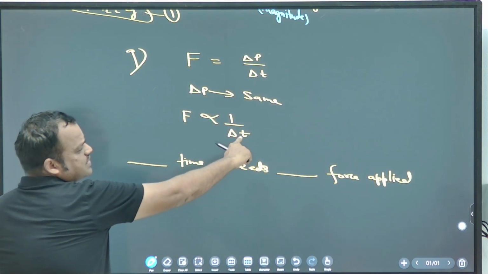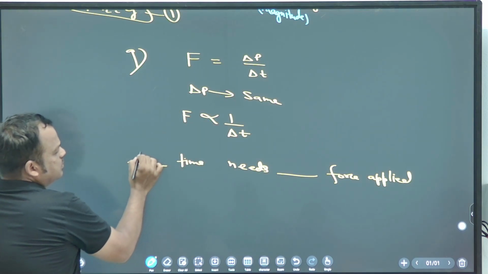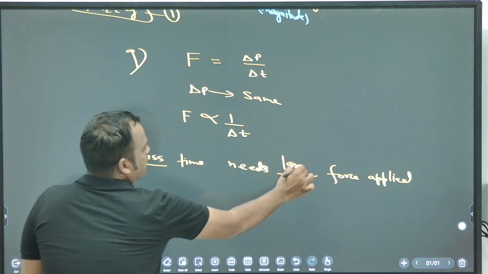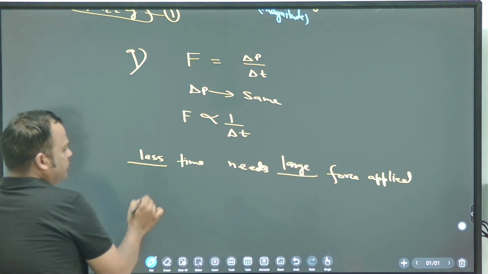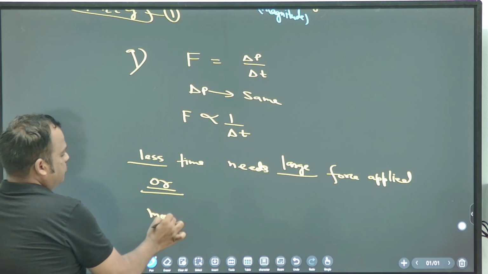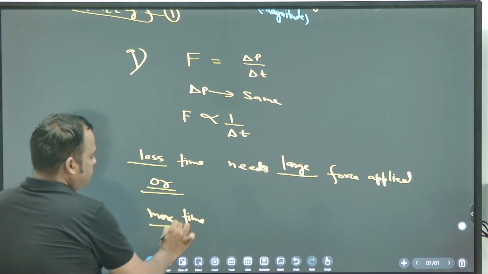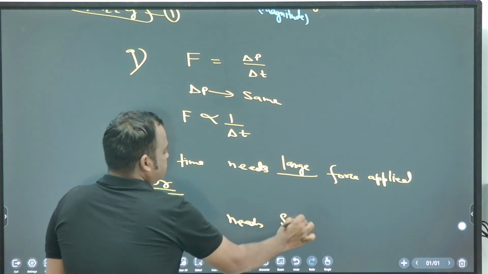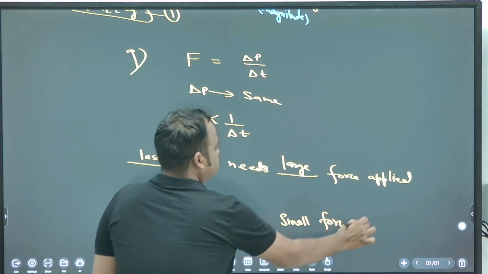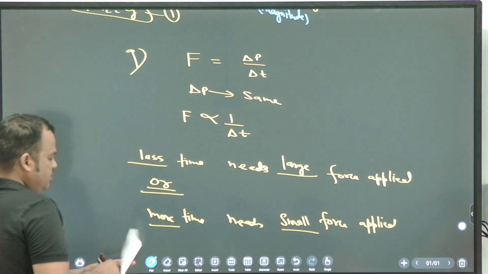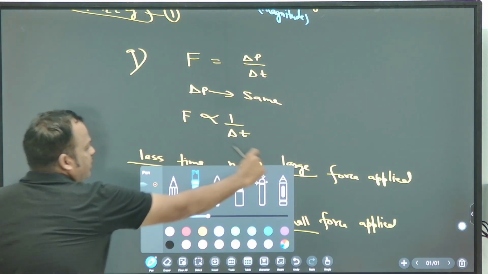When time is less, force is more. So less time needs large force, or you can say more time needs small force. Are you getting? So they are calling x, y like that.